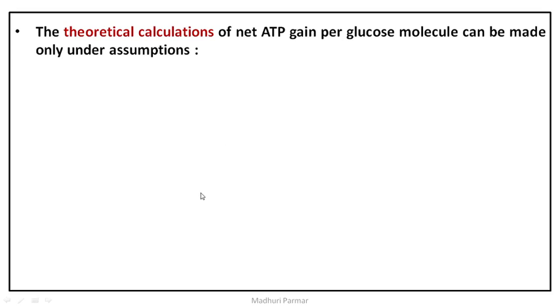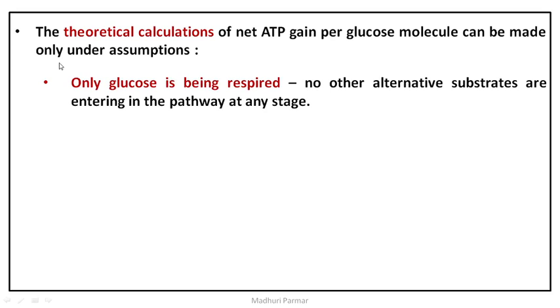Now, the theoretical calculations of ATP gain can be made only under certain assumptions. Okay, you cannot just directly calculate. You have to make some assumptions to make sure that you get proper results. What are these assumptions? So the first assumption or precondition is only glucose is being respired.